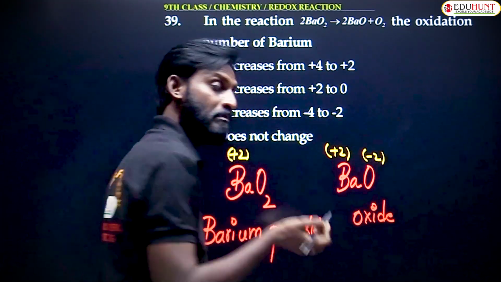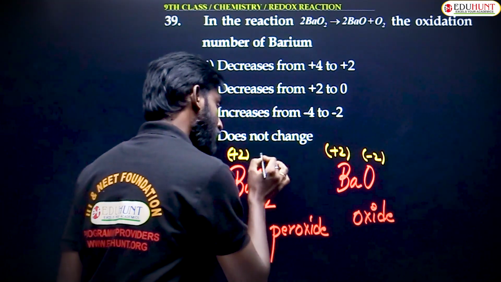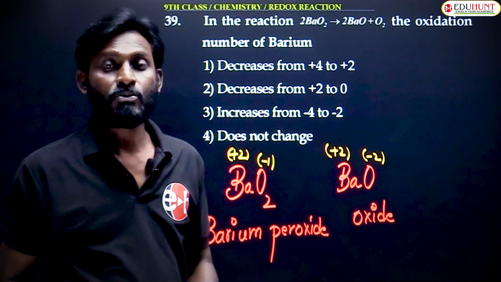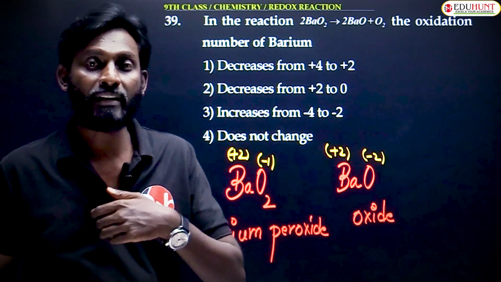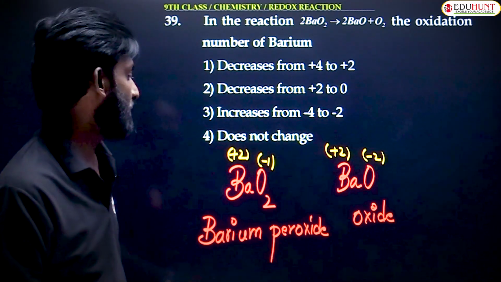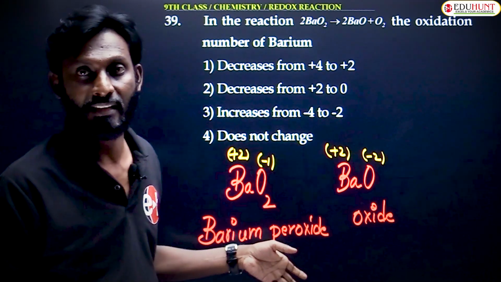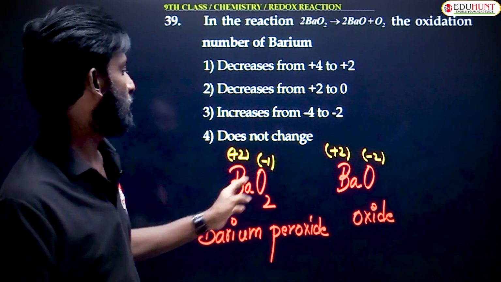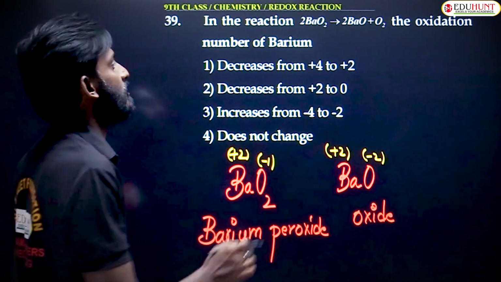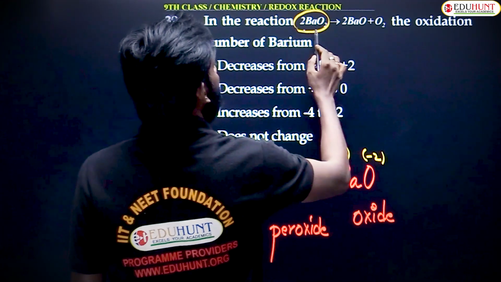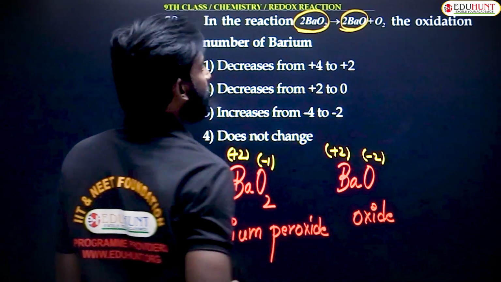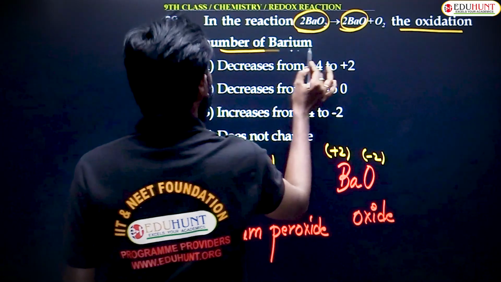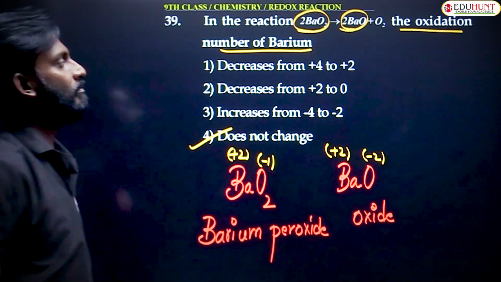There is a difference between peroxide and oxide, so there is a chance for us to make a silly mistake. But the question is not about oxygen. The question is about barium. So barium is +2. When barium peroxide becomes barium oxide, the oxidation number of barium does not change.